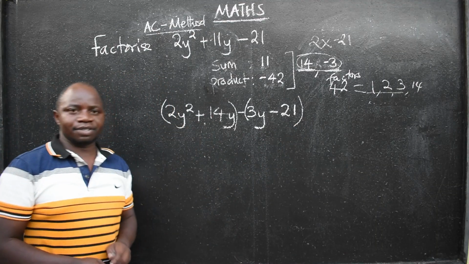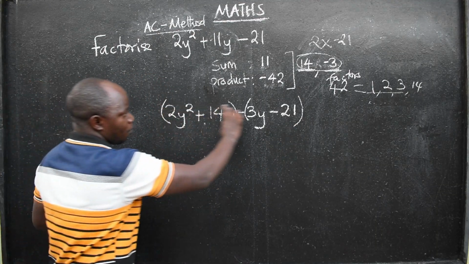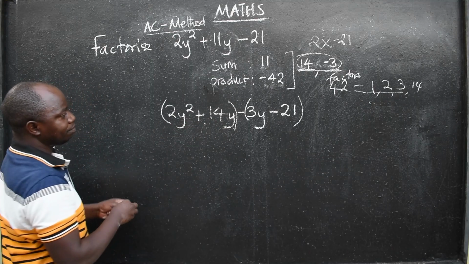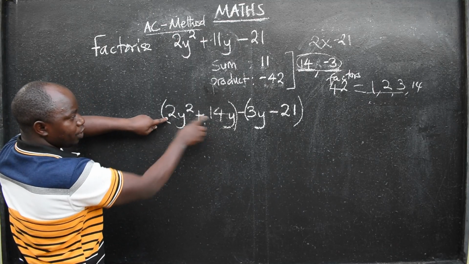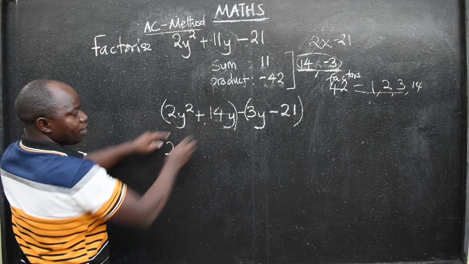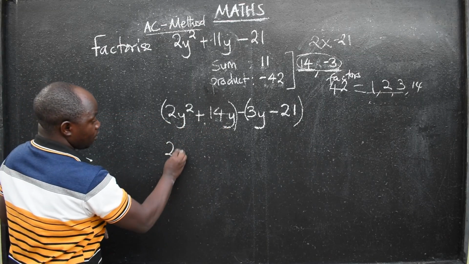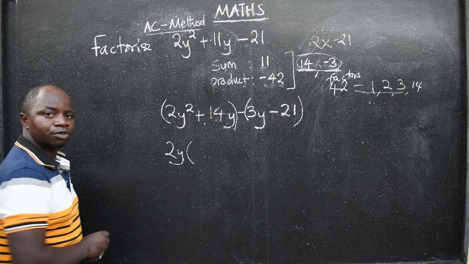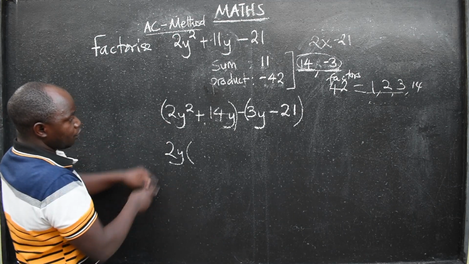Then factorize. What is common here? We start with the first one. So 2 is common because 2 can go into 14, 2 can go into 2. So 2 is common. What about the variables? Y is common, so 2y. Do that. 2 into 2 is 1.